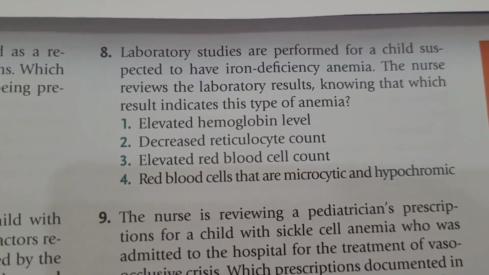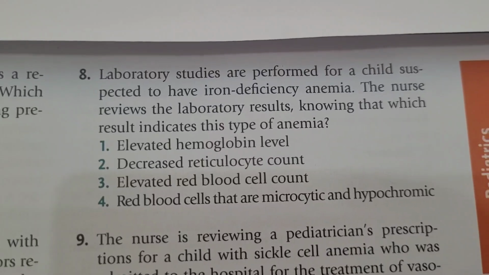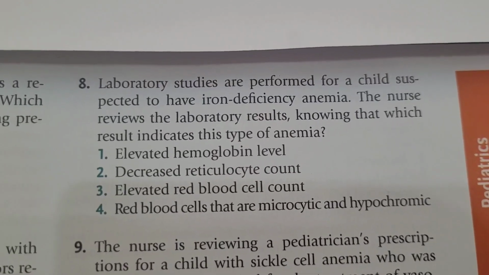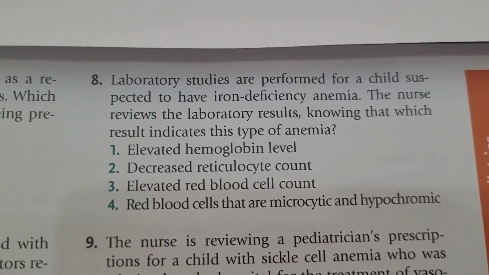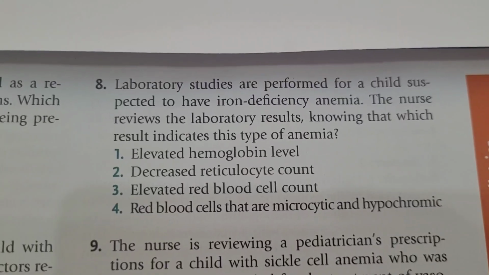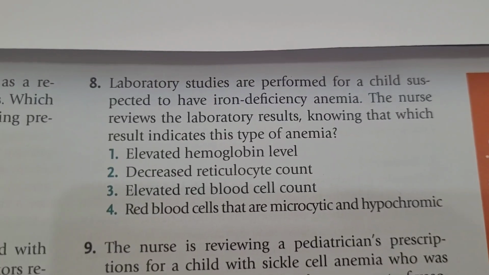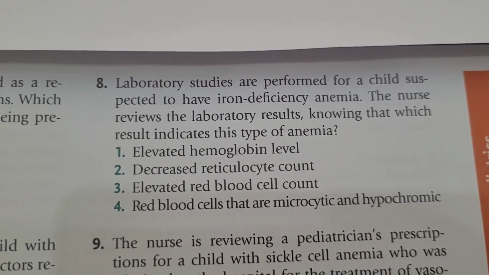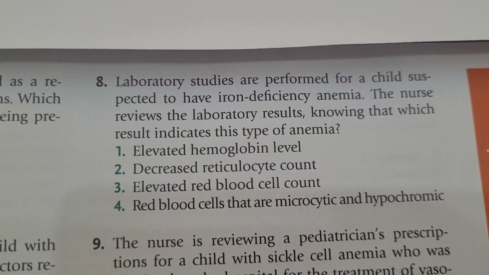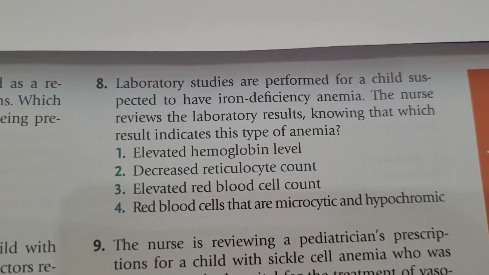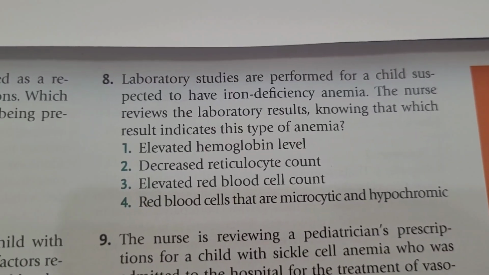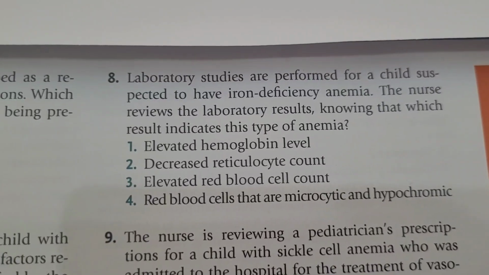So hemoglobin and red blood cells are low and the cells are microcytic and hypochromic in the iron deficiency anemia patient, but the reticulocyte count is mostly normal. So 1, 2 and 3 are our wrong options. Our right answer is red blood cells that are microcytic and hypochromic.